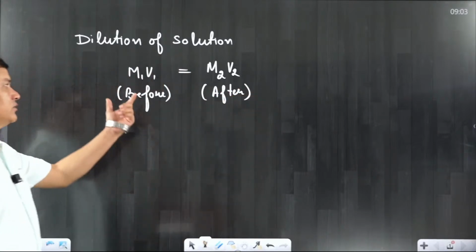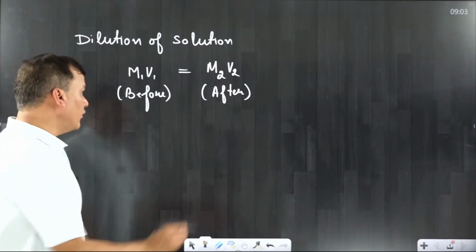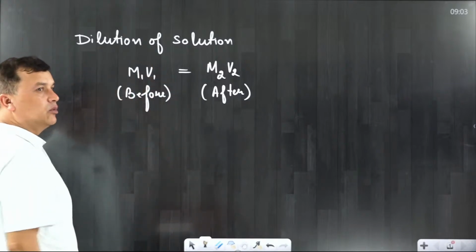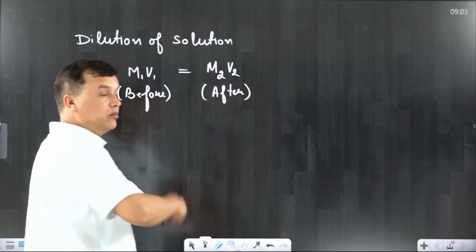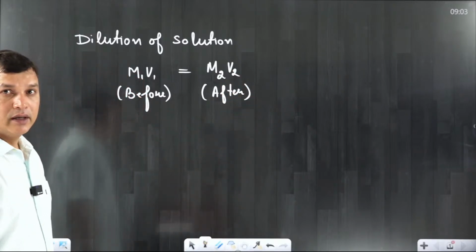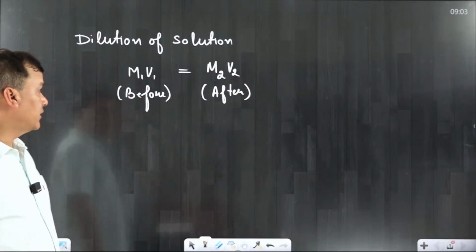These are the number of moles of solute. Here M1 stands for molarity before dilution and M2 for molarity after dilution. It's not solute and solvent here.